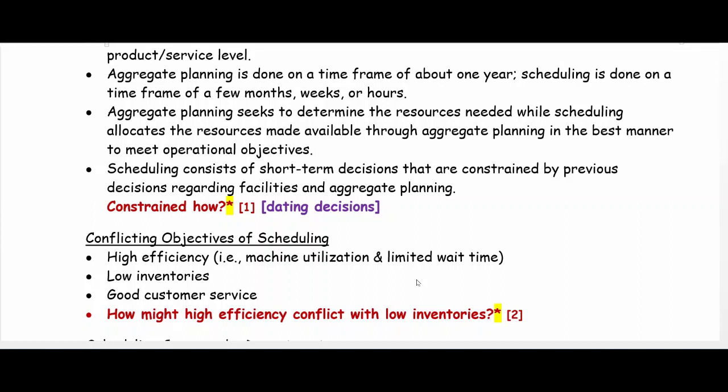Well, if you have problems with changeover time, how long it takes to change from one product to the next, then you are going to try to run big batches, because if it takes you 4 hours to change over, when you start to produce something, you want to produce it for 12, 16 hours before you change over. And so if you're trying to maintain high efficiency, keeping your machine producing parts, then you may end up generating more inventory. So it's a conflict.